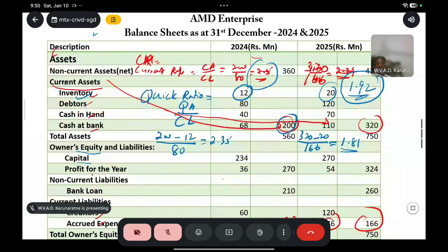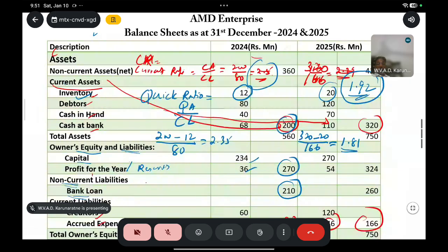Capital is here. Profit means the profit under reserve. Reserve, retained earnings, profit, all are reserves. Altogether, these two are the equity capital. Then long-term liability is not given here; under the non-current liability category, you can see bank loans. That is 210. Then the debt equity ratio you can calculate.